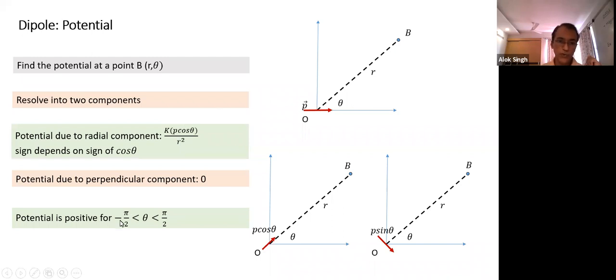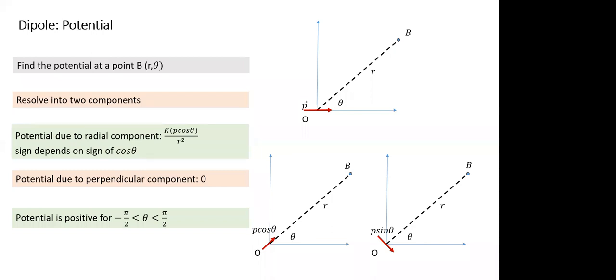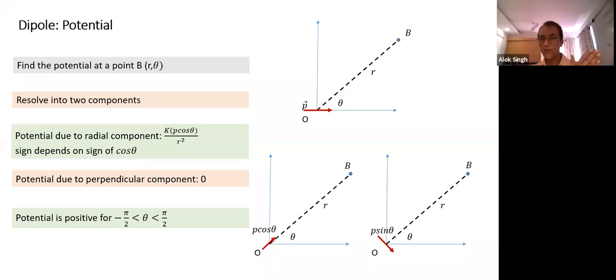The potential is positive when theta is minus pi by 2 to plus pi by 2. Why is the potential positive in this range? Disha, can you give me a reason? The cos will be positive. Cos will be positive, as simple as that. What we discussed in terms of the positive side of the space is the same thing valid in terms of cos theta also.